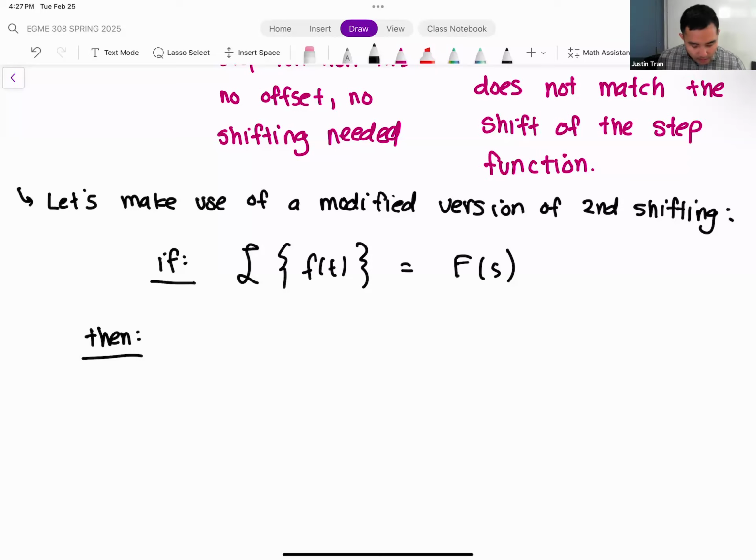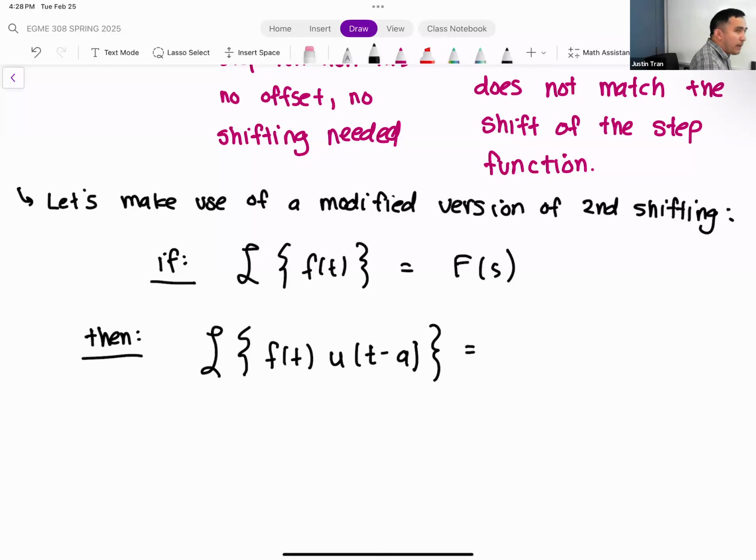So if that's true, let's say that you want to take the Laplace transform of f of t multiplied by a shifted step function. That's exactly the case that we have right now. We have a step function with a shift multiplied by a regular f of t that doesn't have a shift.